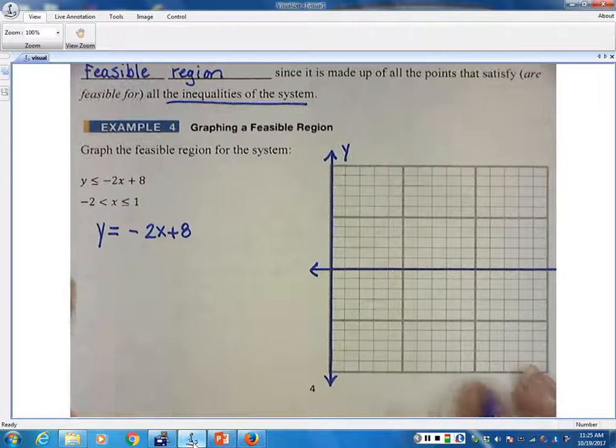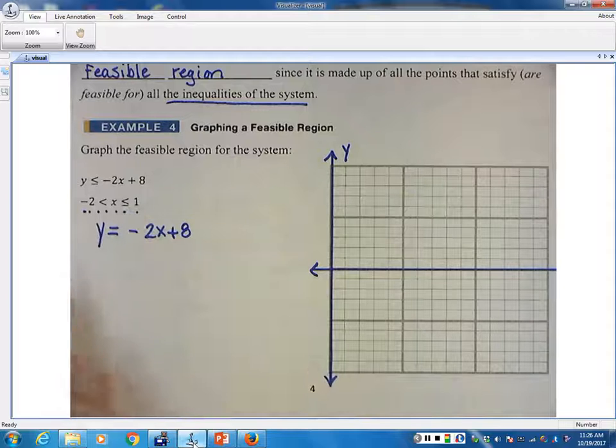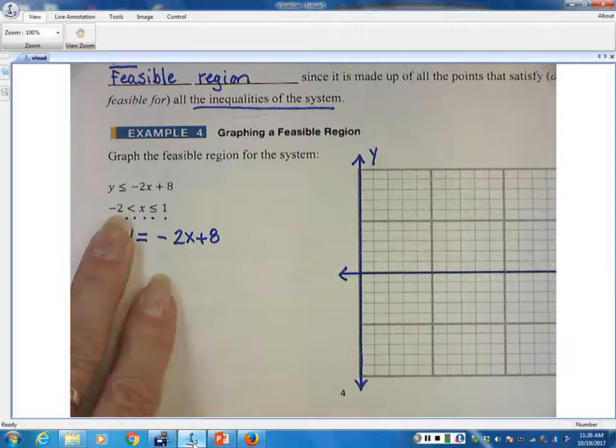The reason is that I'm looking ahead at the second inequality, and it says x is between negative 2 and 1. I think I already messed up, so I'm going to get a big sheet of graph paper.